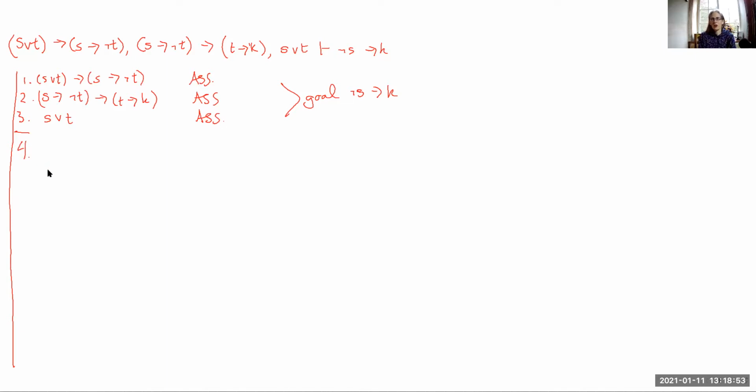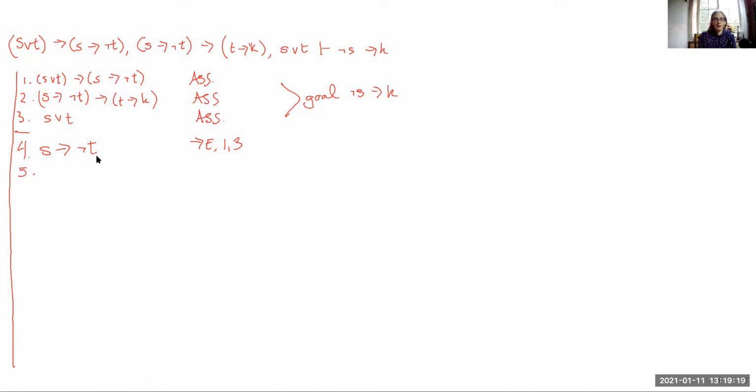So let's actually go ahead and do a bunch of these rules involving just our premises before we even start thinking about our conclusion. So lines 1 and 3, here we've got a conditional. Here we have its antecedent. So conditional elimination allows us to get that S implies not T through lines 1 and 3. This is the antecedent of what we have in line 2.